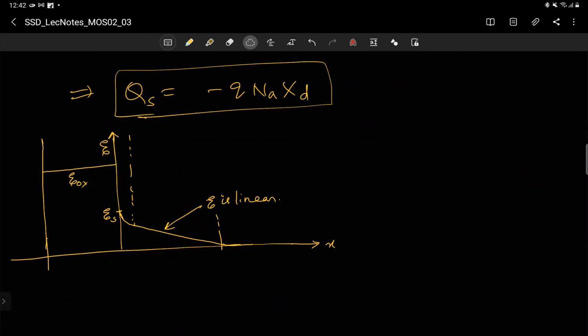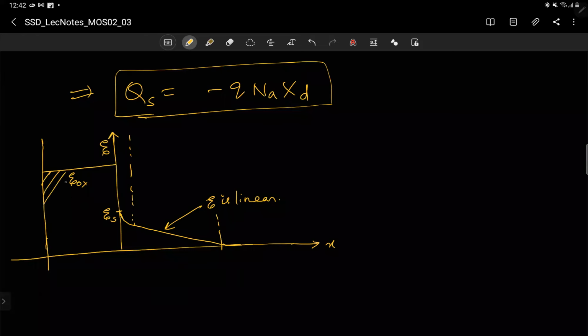Let us plot this electric field and try to obtain the integration. So epsilon ox, what all things do we need? Qs we know, but xd is not known. Epsilon x in terms of qs we know the formula. But we have to integrate this area.